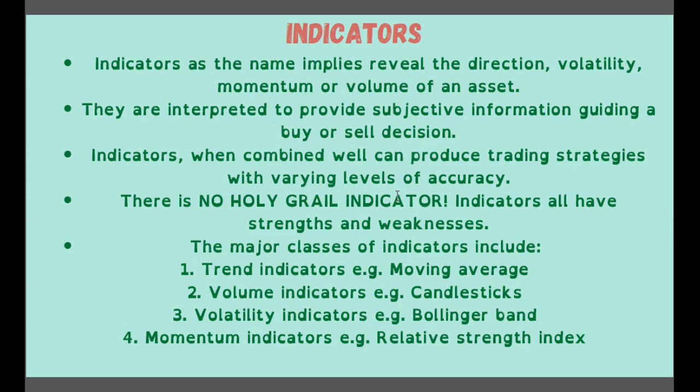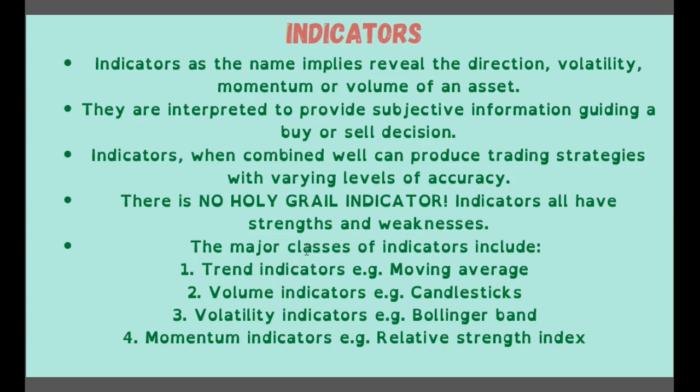Technical analysts use indicators to derive or generate buy or sell signals. Indicators, when combined well, can produce trading strategies with varying levels of accuracy. There is no holy grail indicator, right? Indicators all have strengths and weaknesses.